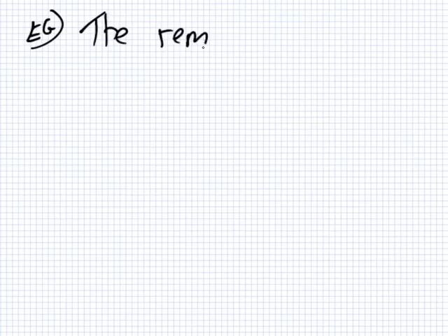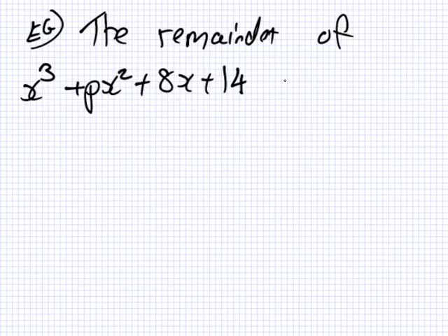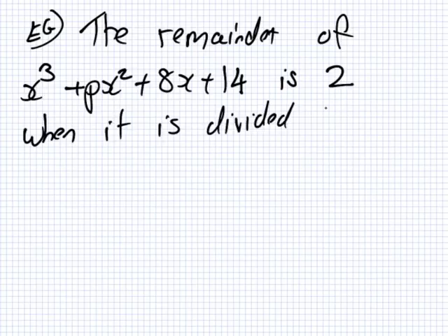Try this one. The remainder of x cubed plus px squared plus 8x plus 14, the remainder of this is 2 when it is divided by x plus 2.